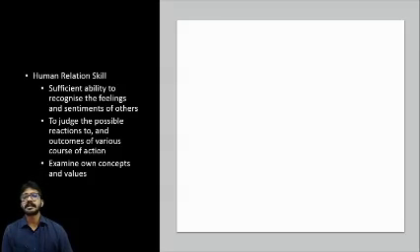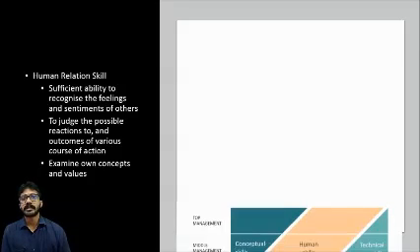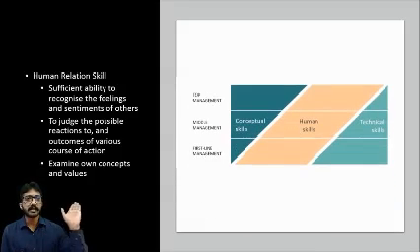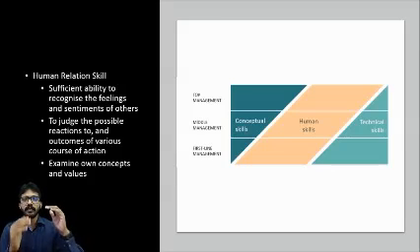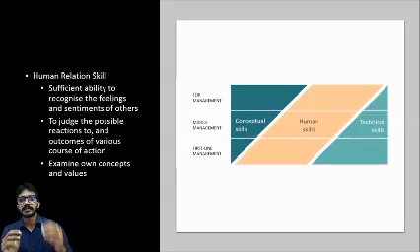Now these three types of skills, depending on the different levels of management, the weightages are shown in the graph here. There is a pictorial representation or infograph. The top level management should have more of conceptual skill and human skills and very little or nil technical skills, because they are the people who will make the decisions.